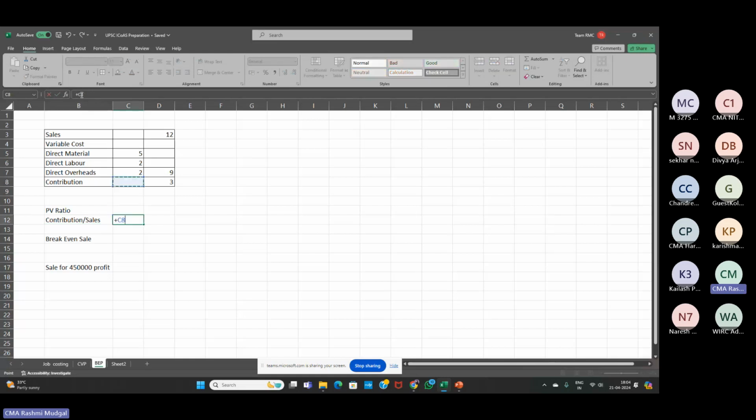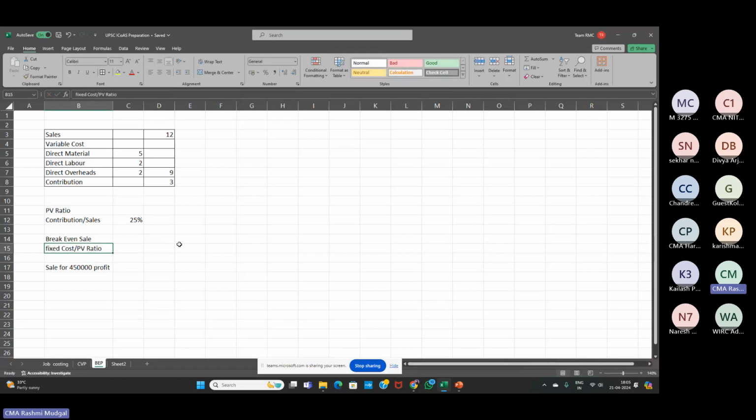So I can see my contribution is 3 divided by 12, which is my sales. This is 25%, my contribution to sales. In terms of break-even sales, I need to calculate fixed cost divided by PV ratio.